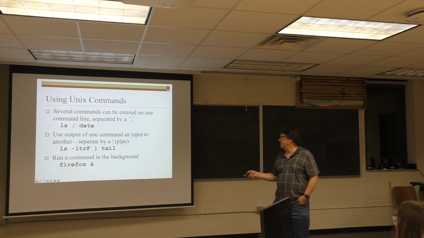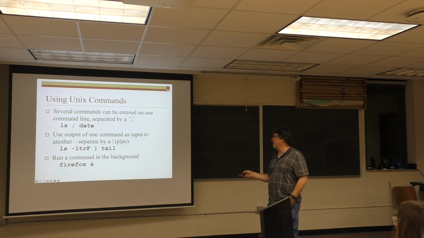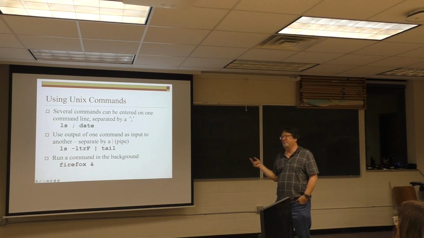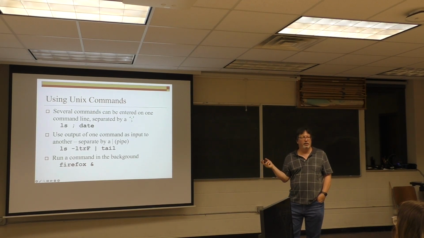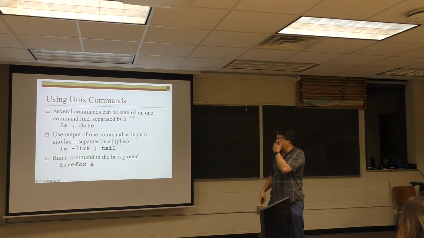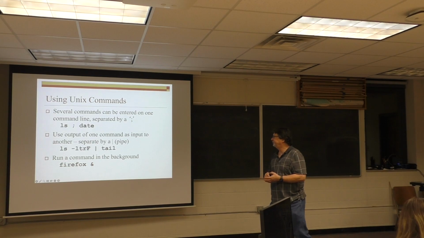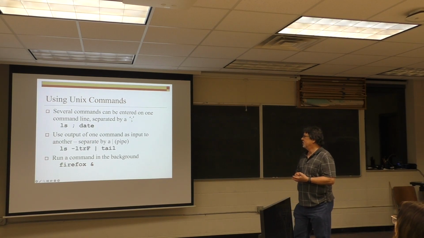So this would show a long listing of all the files in my directory, but only the last 10 of them. And you can organize that alphabetically or numerically or by date, so the newest ones are on the bottom or the top. So those are kind of handy.